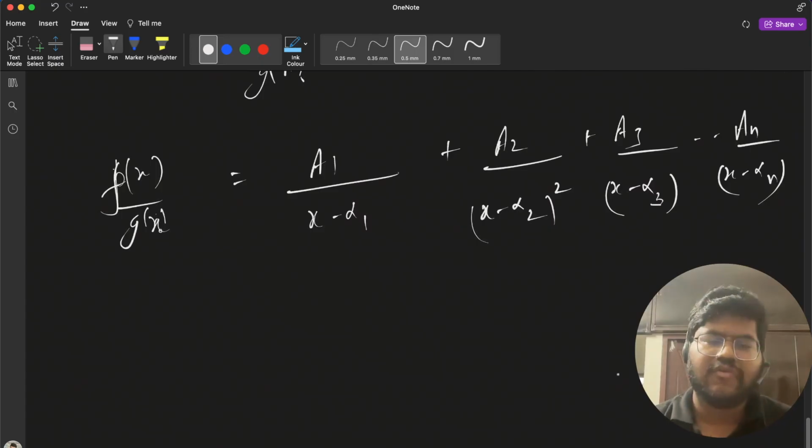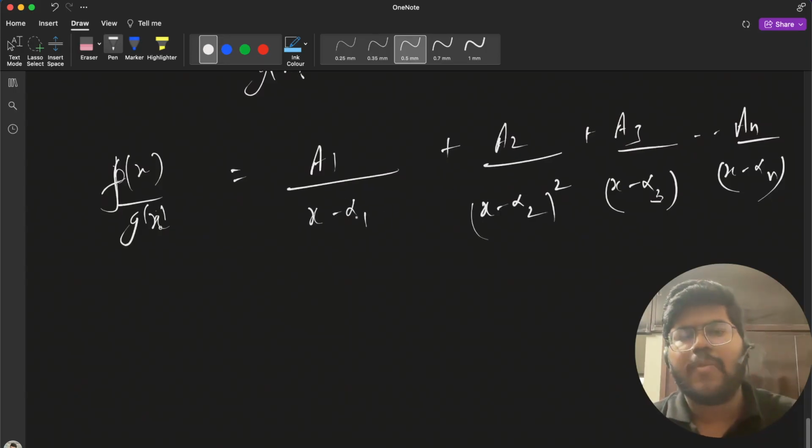In this way we can write linear factors in partial fraction form.